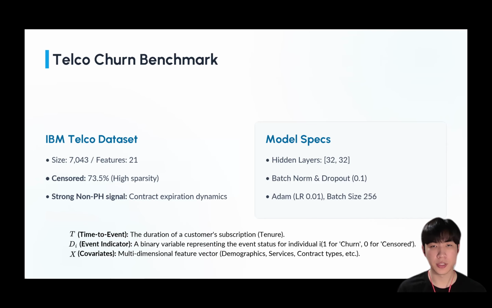In the telecom industry, churn risk is highly non-linear. For instance, risk levels between different contract types frequently cross or fluctuate over time. These time-varying effects make it the perfect benchmark to prove the structural flexibility of the Cox-Time implementation.